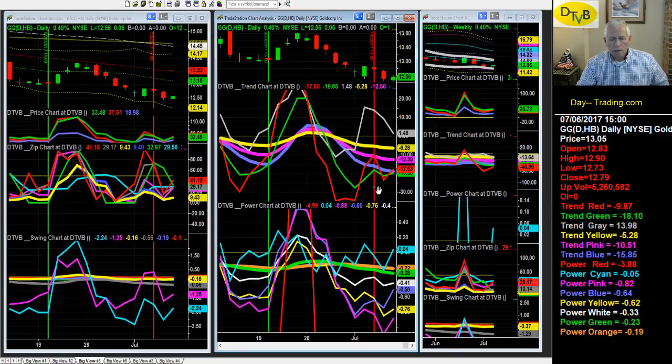In other words, when we're looking at the proximity group, one of the down touches that can occur within the proximity group is that red, green, and gray can down touch the yellow, pink, blue line, or they can down touch zero, or they can down touch under zero.